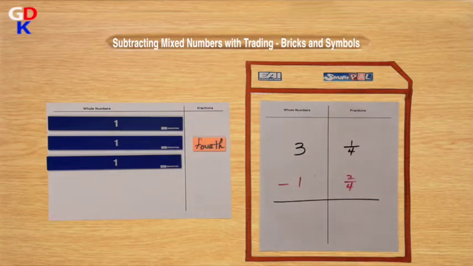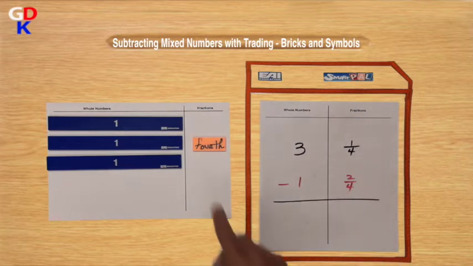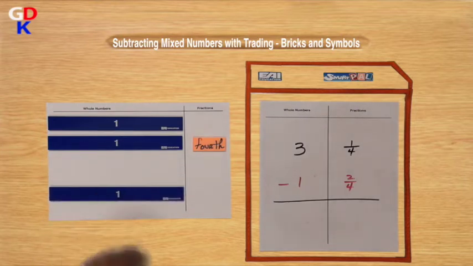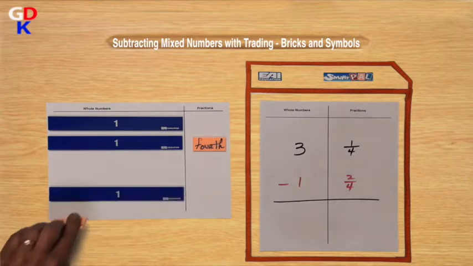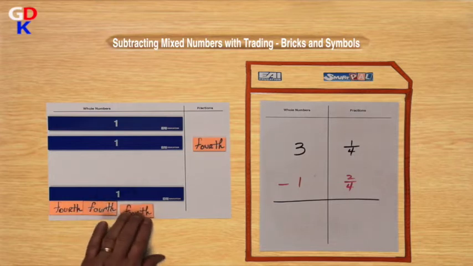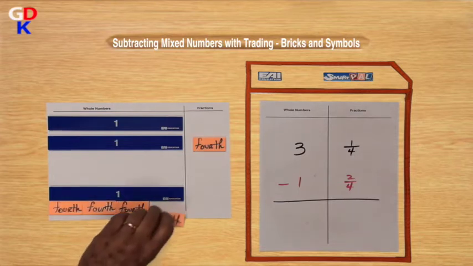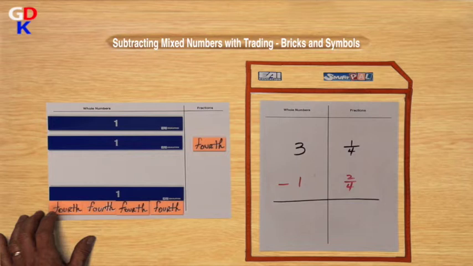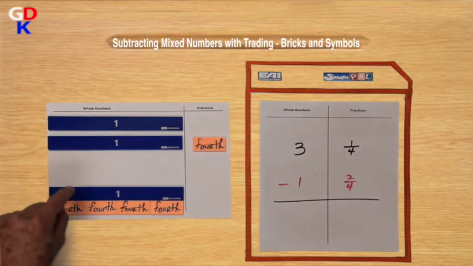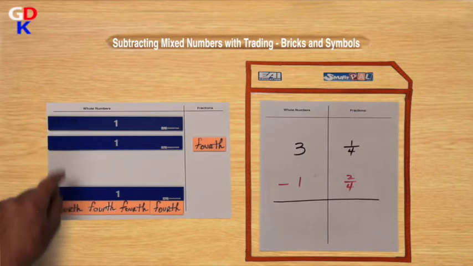The first thing I want to do is I want to subtract 2/4. But I only have 1/4. But what I can do is I can trade one of my 1s for 4/4. And let's record that. I trade one of my 1s for 4/4.